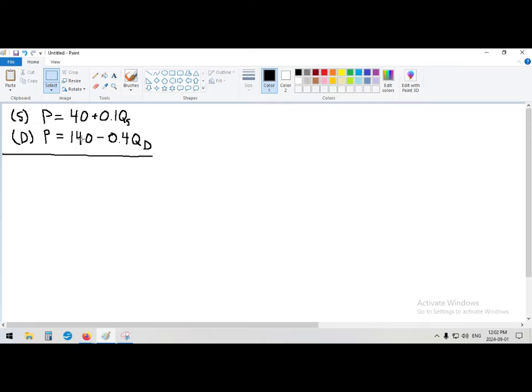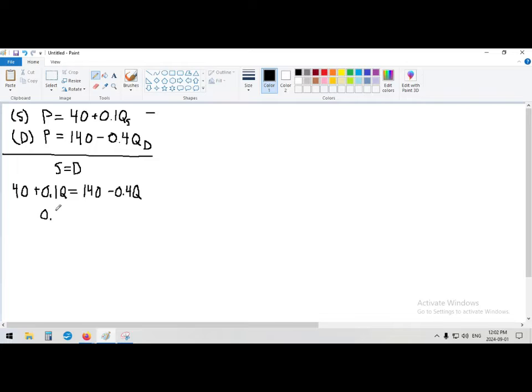So here we have our supply and demand curves. To find the equilibrium, we do supply equals demand. Let's figure out the algebra here. We have 40 plus 0.1 Q for supply, and for demand, we have 140 minus 0.4 Q. So let's solve for Q by putting everything on the left.